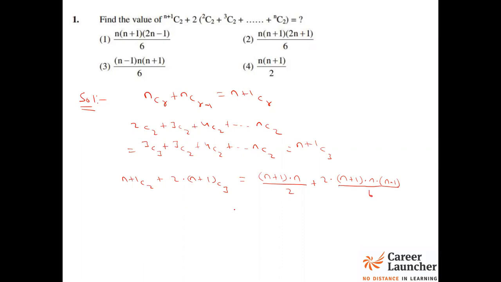Now if we take LCM, what term we can take common in both the terms? n into (n+1) by 6. We can take common. So taking this common will become 3 plus 2n minus 2. So if we simplify this term, it will become n into (n+1) into (2n+1) upon 6.